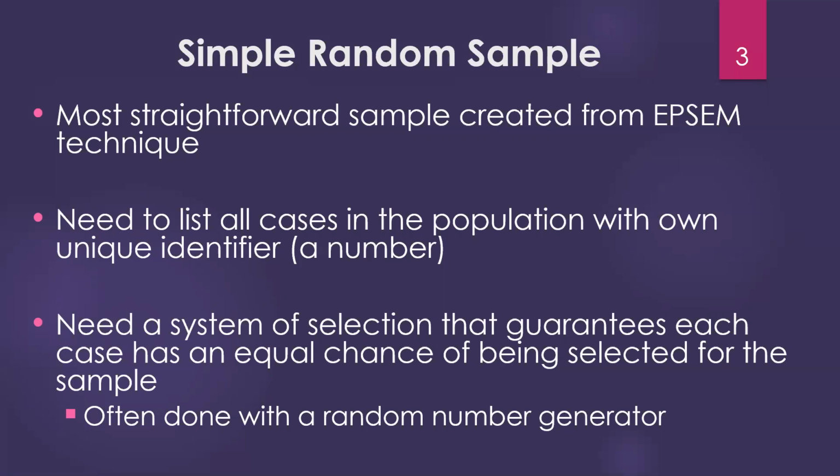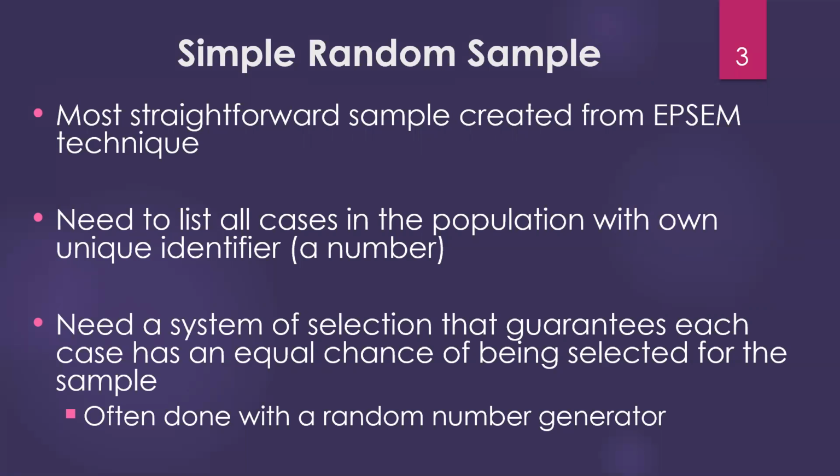So if, for example, we wanted to study Philadelphians about their perceptions of the upcoming election, in order to do a simple random sample, we would need a list of all Philadelphians. We would give each person a number, and then we would use a random number generator to pull out the numbers of people we would want to talk to.